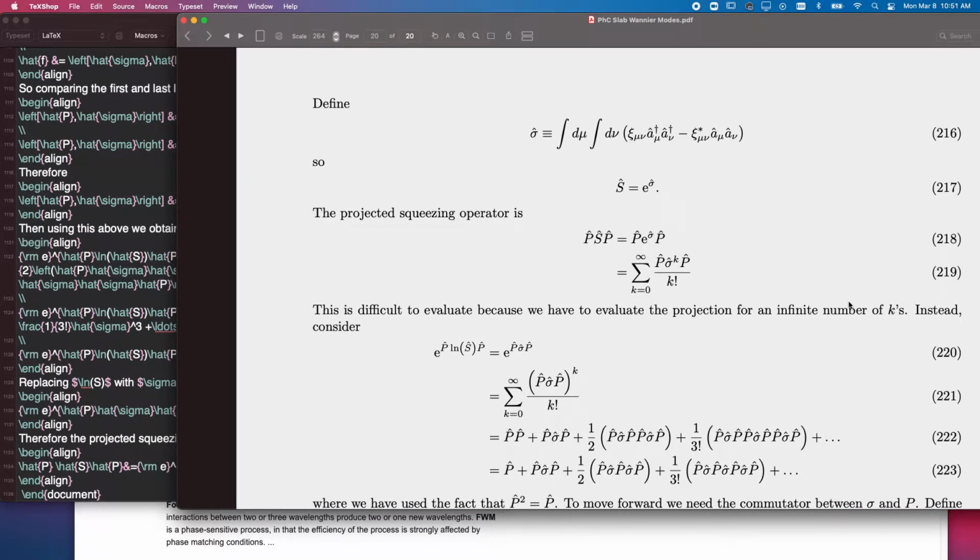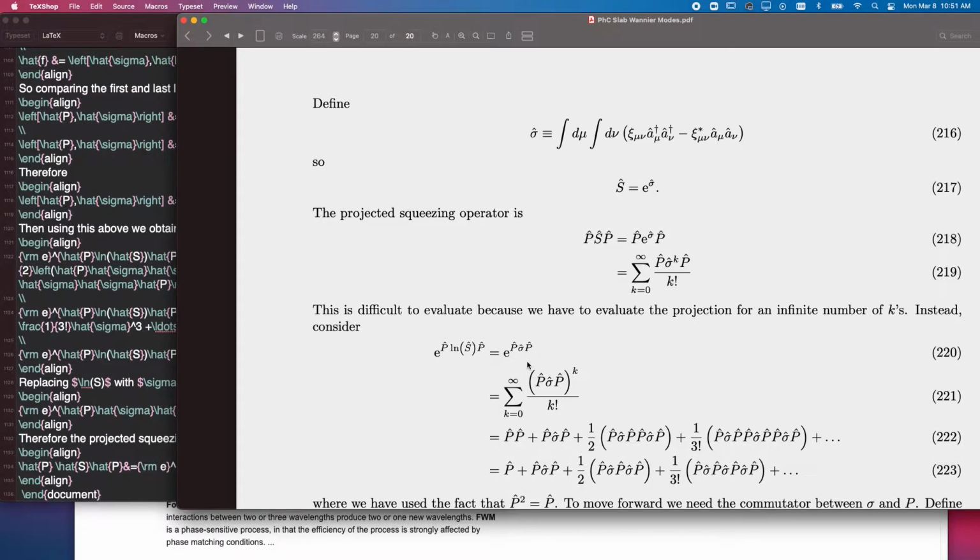So instead, let's consider this projection instead. Let's just see what happens if I take the exponential of the projection of the logarithm of S. If I take the logarithm of S, sigma comes down, log e cancels, gives me 1. And so this just becomes sigma, which is what I've written on the right-hand side here.